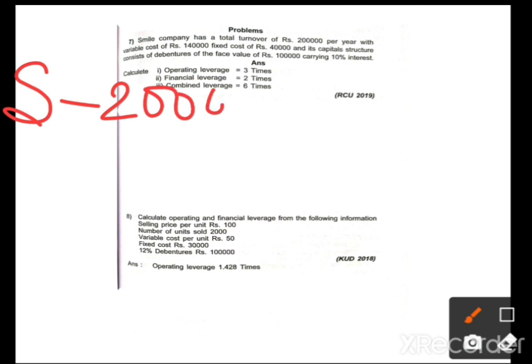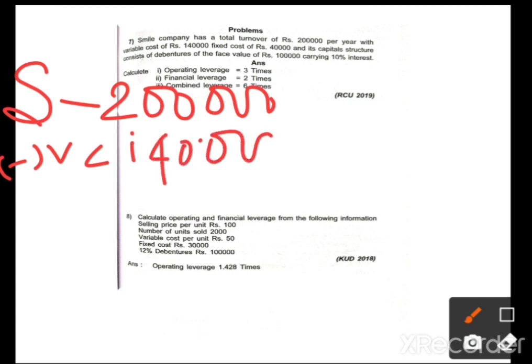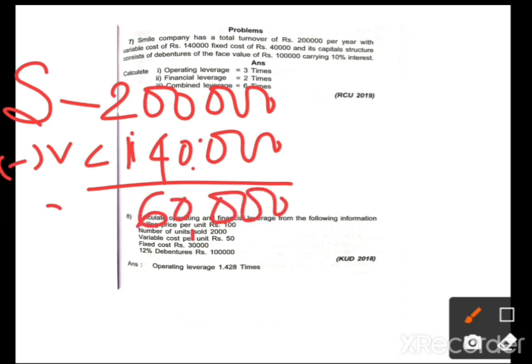So make a working note first, calculation of leverages. First we have to take sales. Sales is given in the problem, rupees 2 lakh. Sales minus variable cost, the variable cost is given as 1 lakh 40,000. So we'll get 60,000. 60,000 is what? A contribution. In that contribution, we have to minus fixed cost.